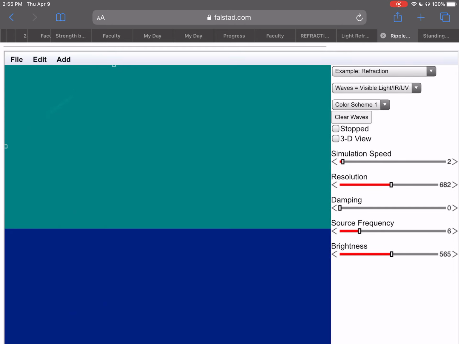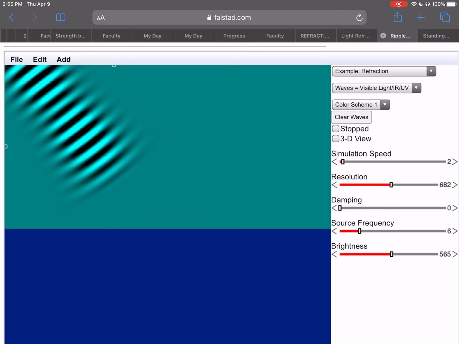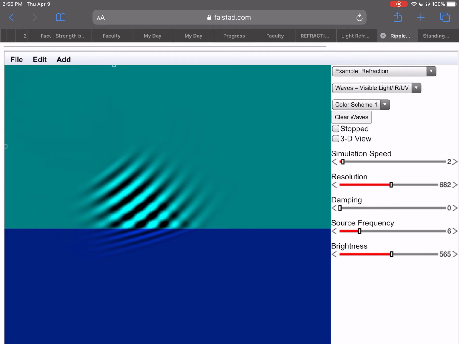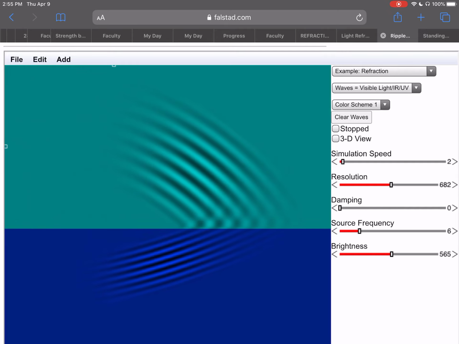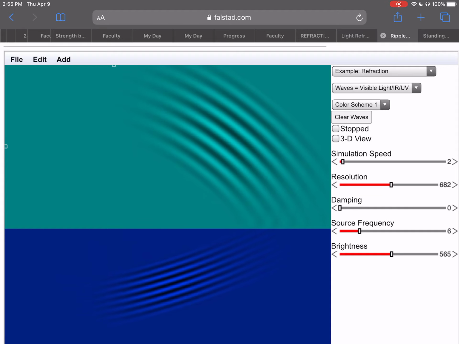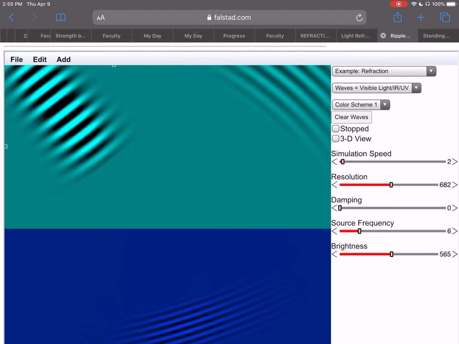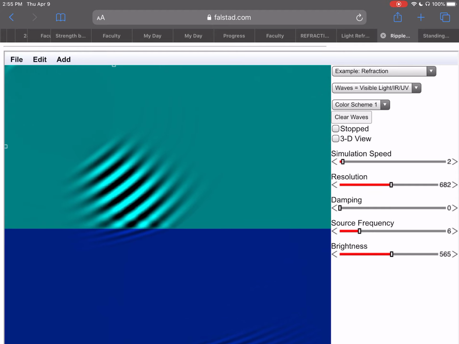Let me just clear the waves here. So the first thing to notice is that as the waves travel through the fast-moving medium and hit the boundary, some significant portion of that wave reflects off of it, and returns to the original medium. And you can see that for that reflection, the angle of incidence is equal to the angle of reflection. So theta I equals theta r.